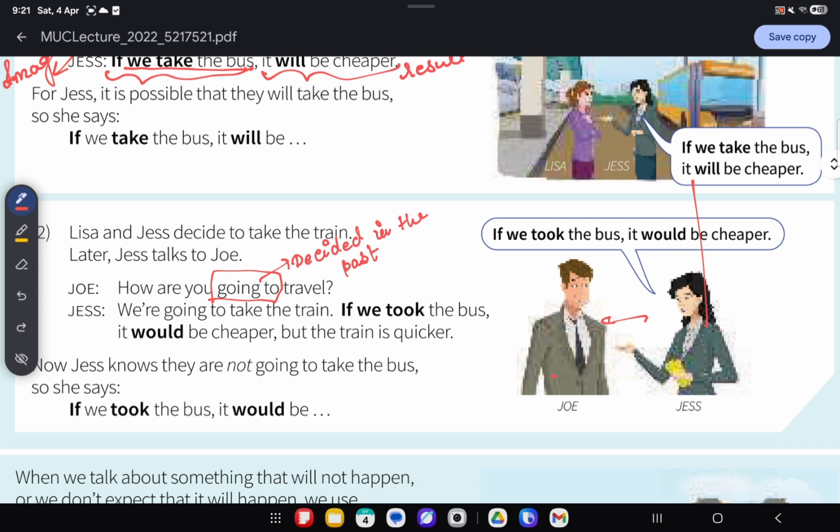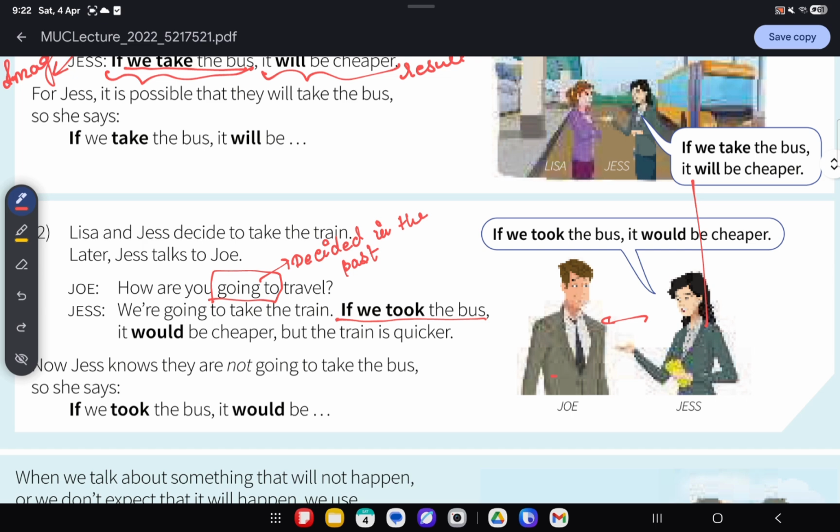Then she says that if we took the bus, अगर हम बस लेते हैं, if we took the bus it would be cheaper, but the train is quicker. If we took means अभी they were not going to take the bus. She tells the situation.